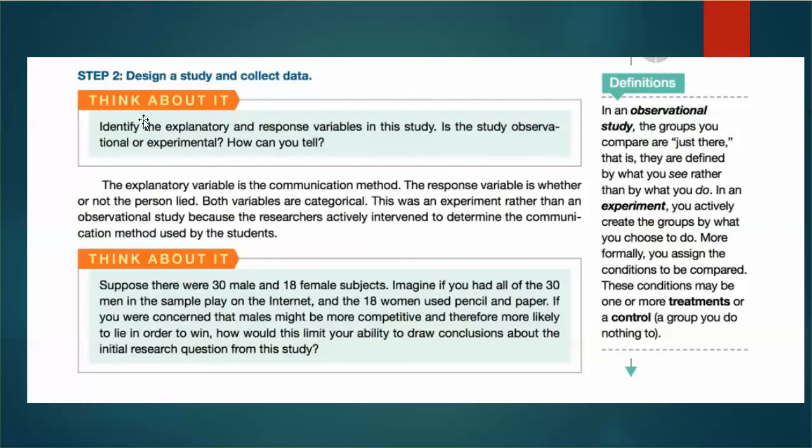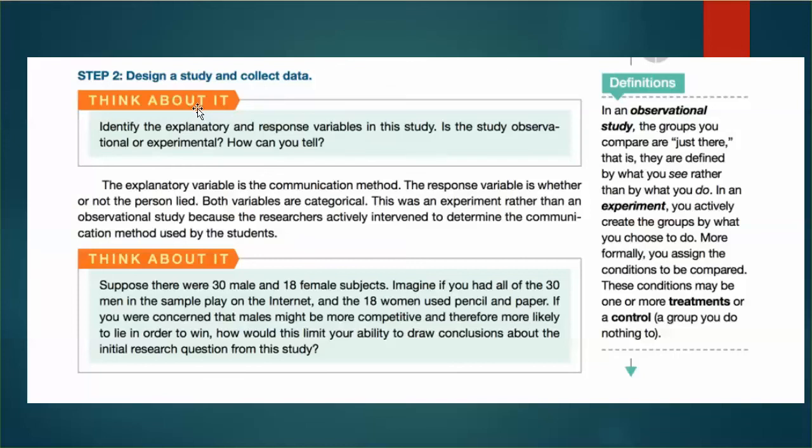In this case, let's think about what are the explanatory and response variables. The explanatory variable is whether they're using the internet, email communication, or pencil and paper communication, the type of communication. And the response variable is how many of them misrepresented the size of the pot. Is it an observational study or an experiment? Well, it's an experiment because we're going to randomly assign students to the two groups.